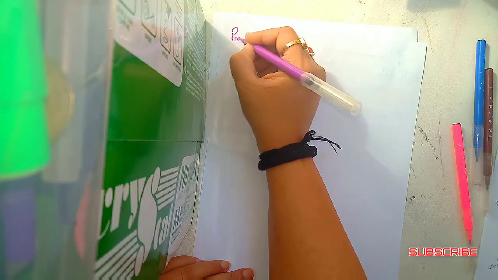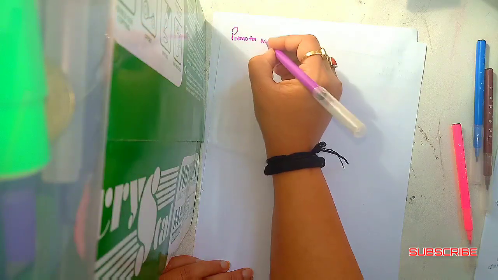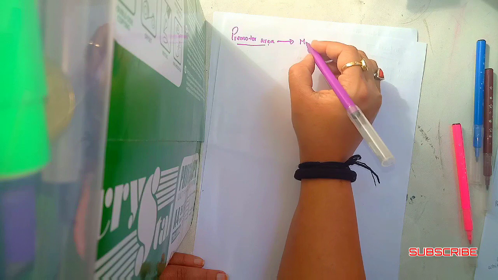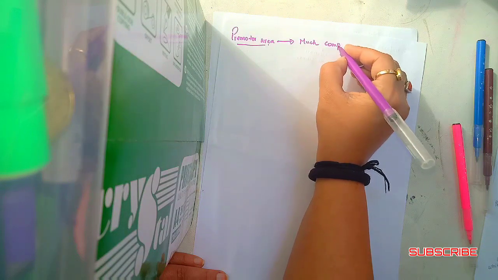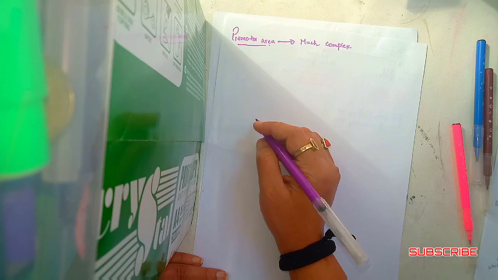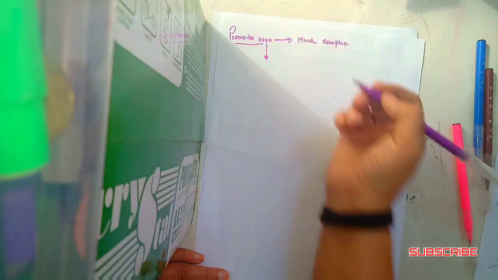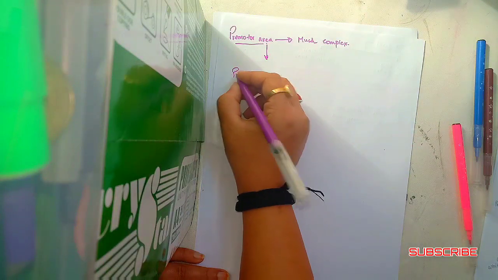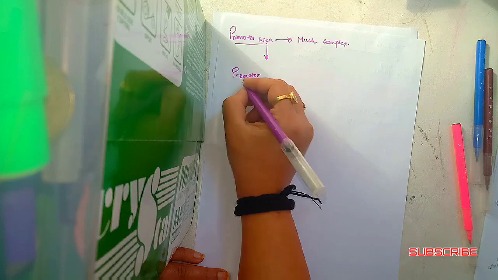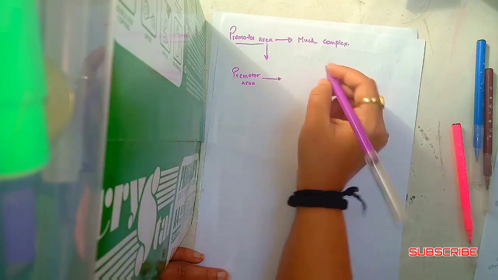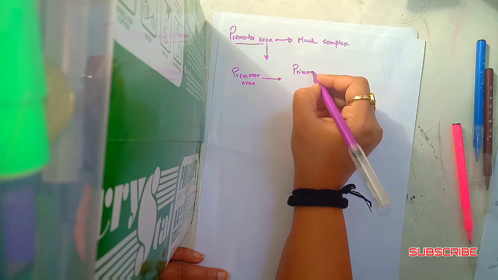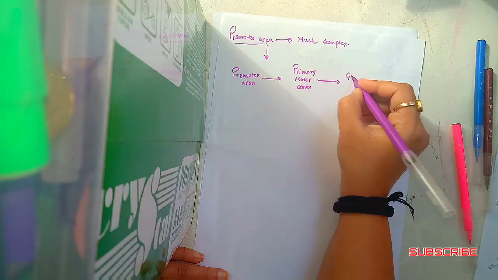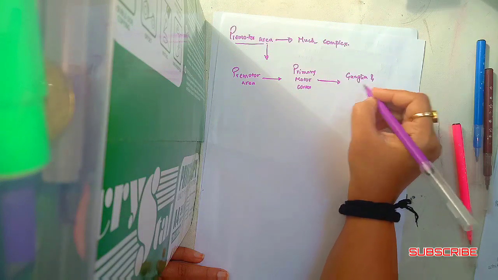It is much more complex than the primary motor area, because the premotor area takes the sensory function and passes it to the primary motor cortex, then they pass to the ganglia and thalamus.